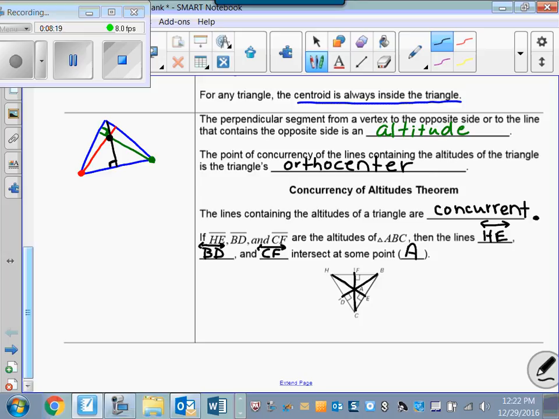So while the altitudes may be a segment, this theorem is just telling you that the lines that contain those segments, those altitudes, are concurrent, will always be concurrent.